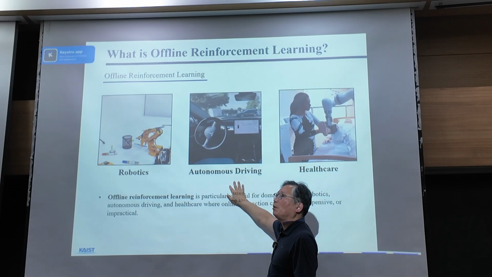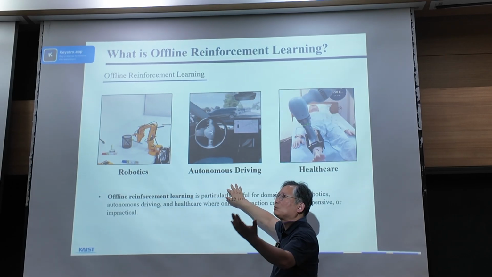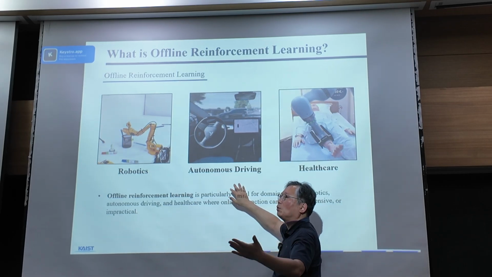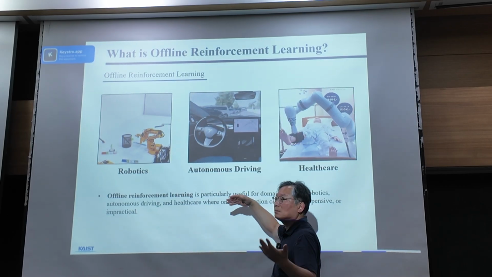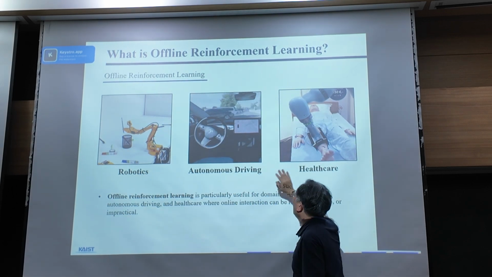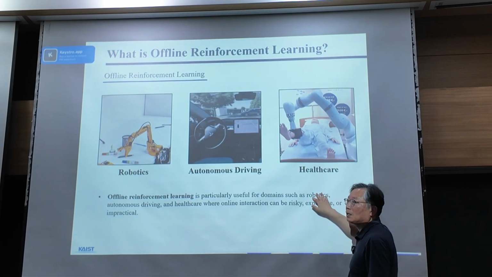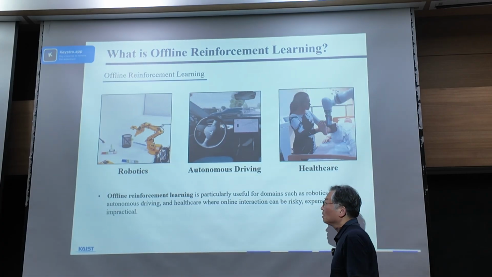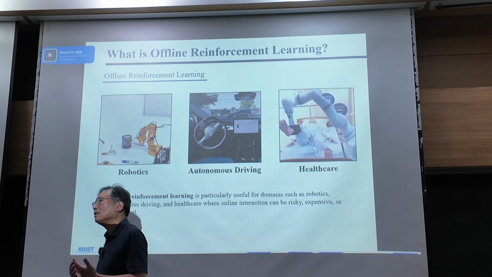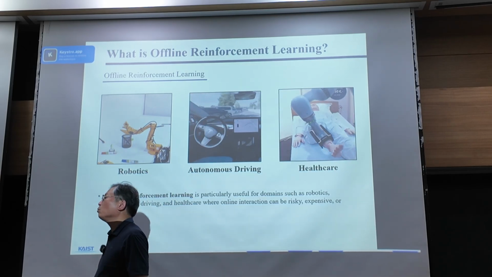You don't want to experiment. You don't want to explore some particular situation in it because it's dangerous. Also in healthcare. But in places where you can make a lot of mistakes, then you would use online.